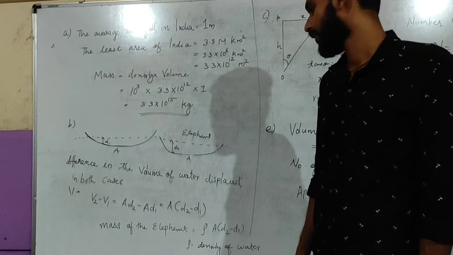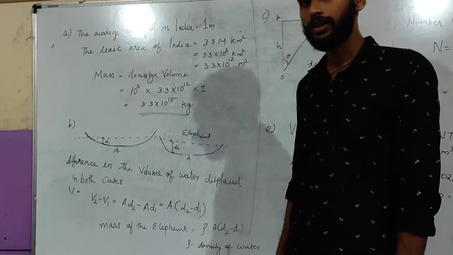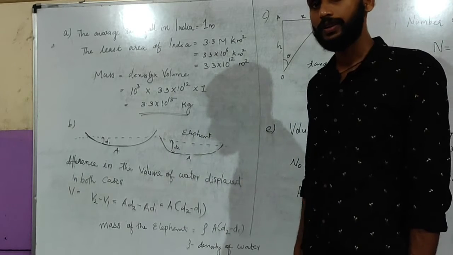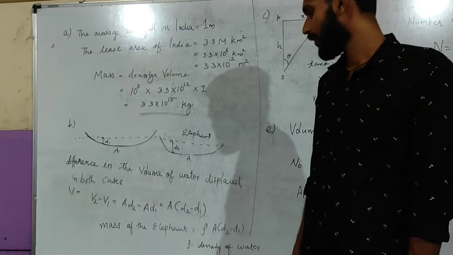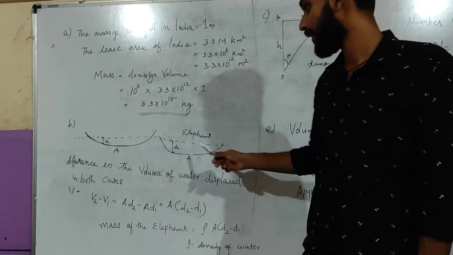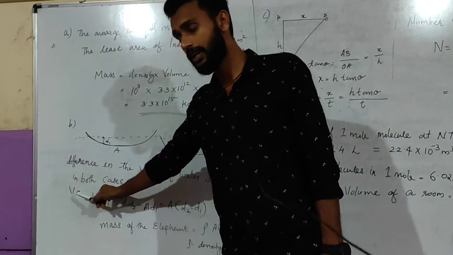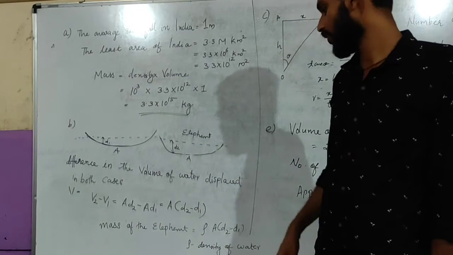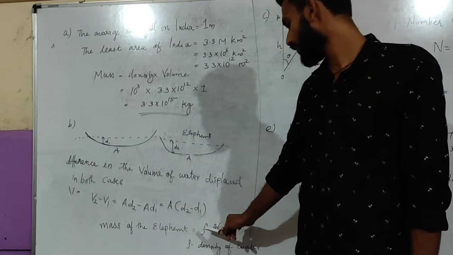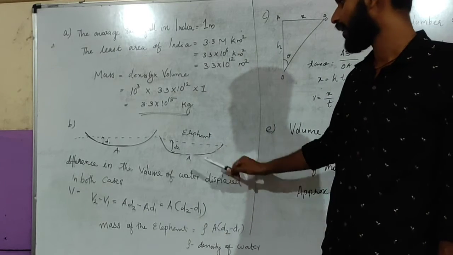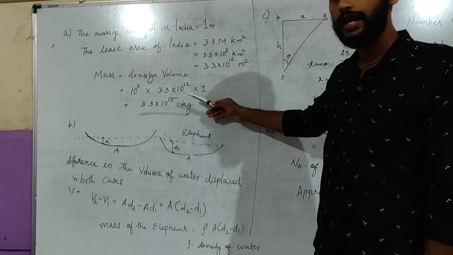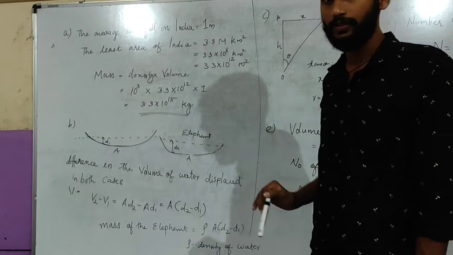Now, you have to find out the mass of the elephant, that is our purpose, isn't it? So, to find out the mass of the elephant, you have to multiply the difference in volume, that is V, into the density of water, rho. So, if you multiply rho into A into (D2 minus D1), that will be the excess mass, or excess force, applied on the water surface.